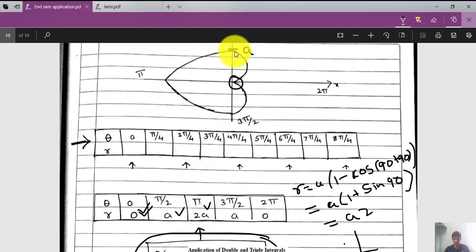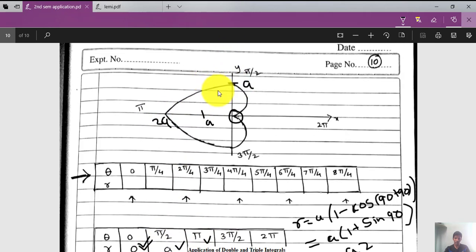and then from pi by 2 it is moving till here, see, this is my a, and here it is 2 times a. So from pi by 2 to pi, there are some other values, 90, 100, 120, 130 and so on, all these values will trace here. So the value of r will be here.